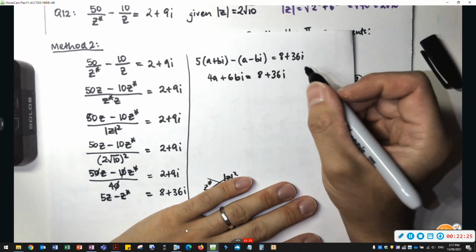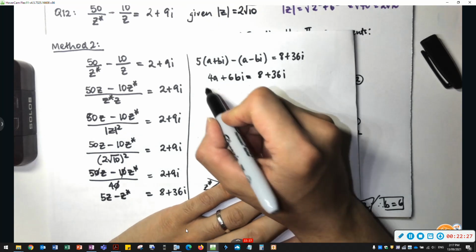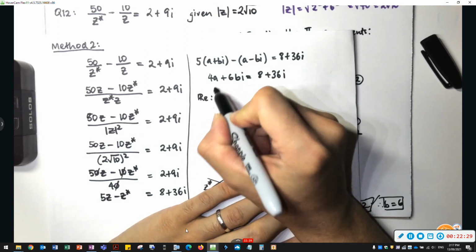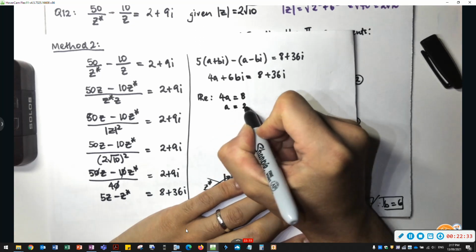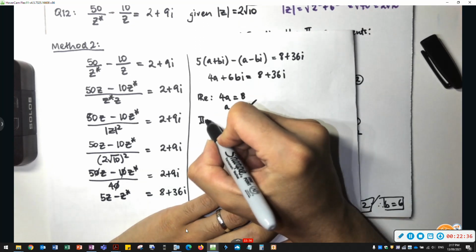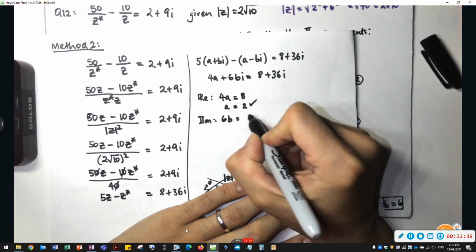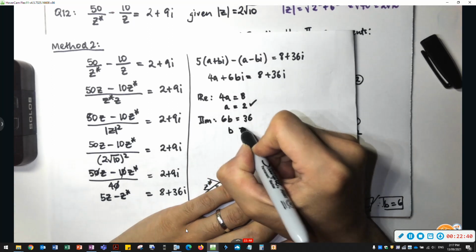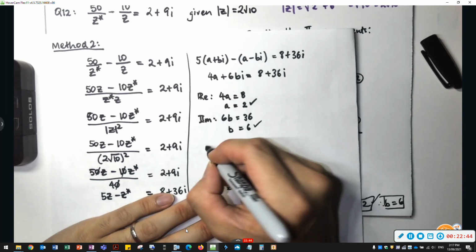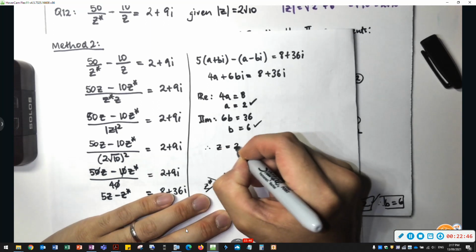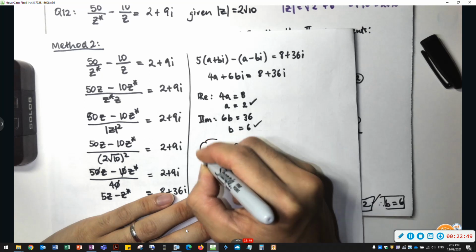Looking at that, you can easily see with the real terms, 4a equals 8, so a equals 2. And from the imaginary terms, 6b equals 36, so b must equal 6. So therefore the complex number must be 2 plus 6i.